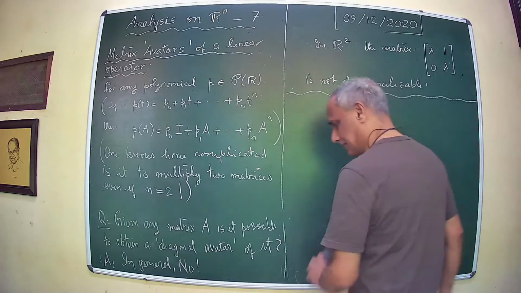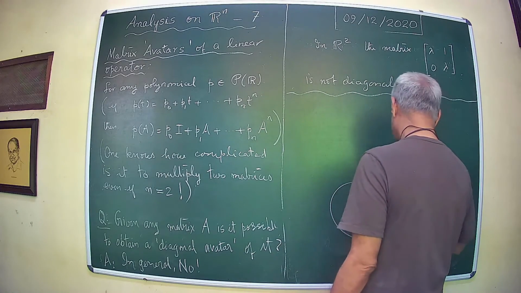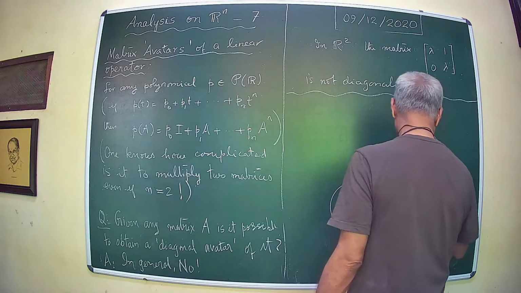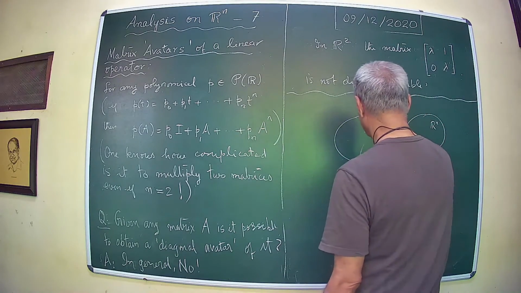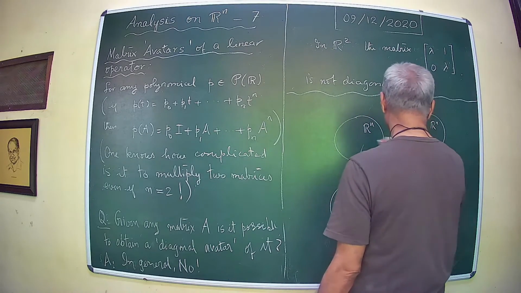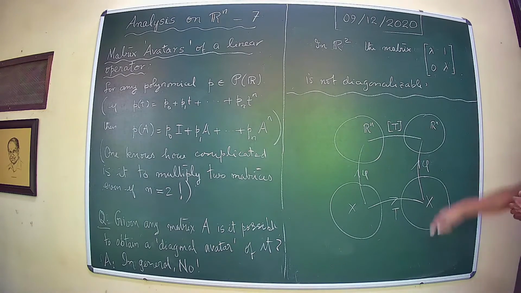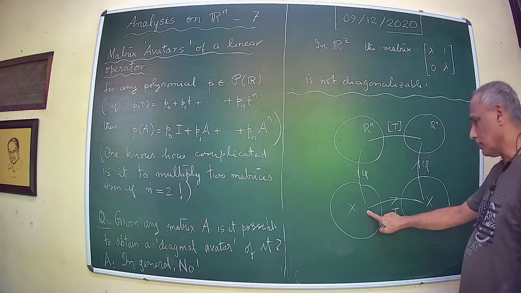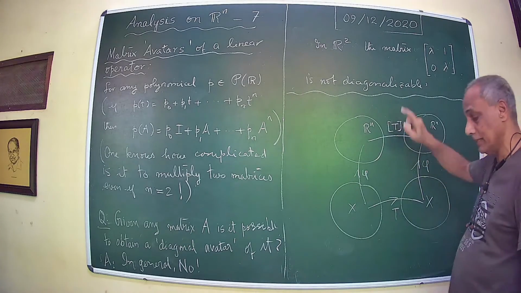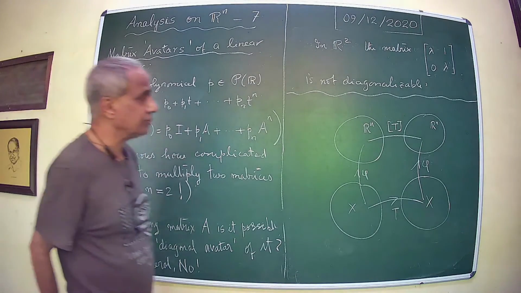See, the advantage of this isomorphism that you have is that a lot of information about T can be obtained by studying the matrix for T, the matrix for T looked upon as a linear transformation from Rn to Rn.